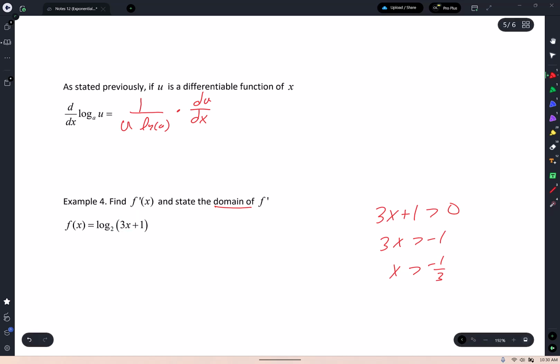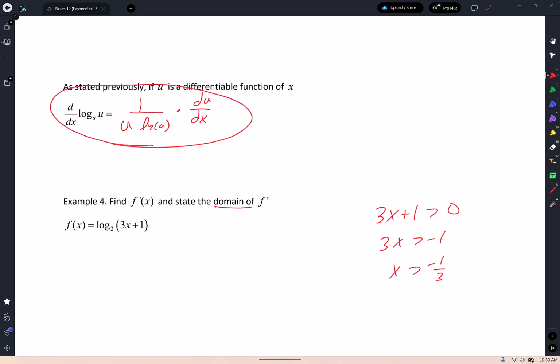Okay, here we go. I'm going to go slow, guys. I'm just using this rule right here. Does everyone see that rule? All right, here we go. f prime of x equals, and you got to use parentheses, 1 over, that 3x plus 1 is your u, parenthesis, 3x plus 1, close it. Am I done? No. What do I put next to it? ln of what? ln of 2.